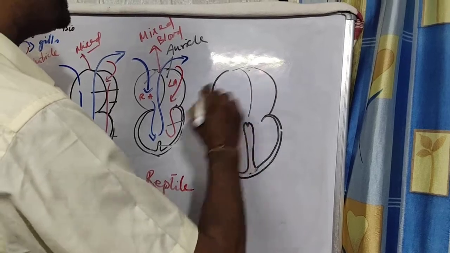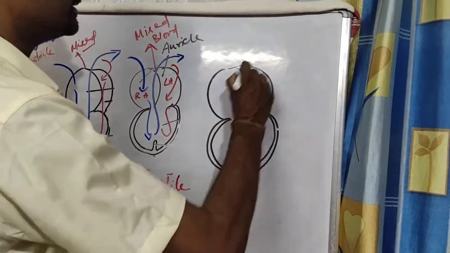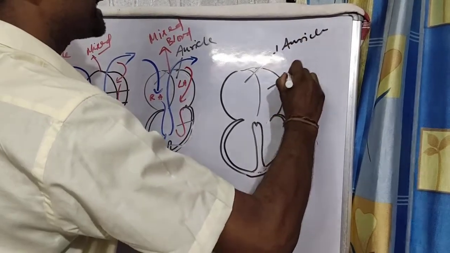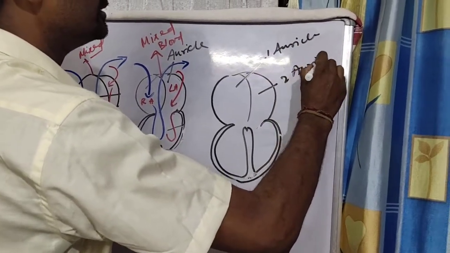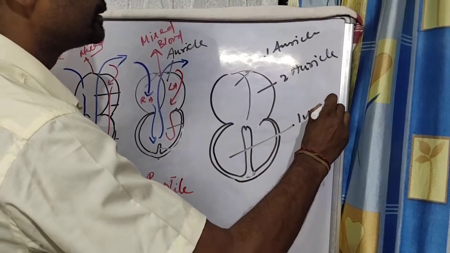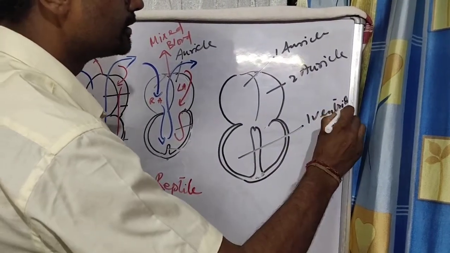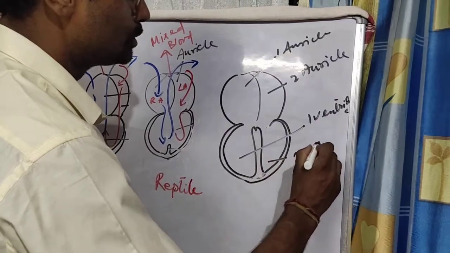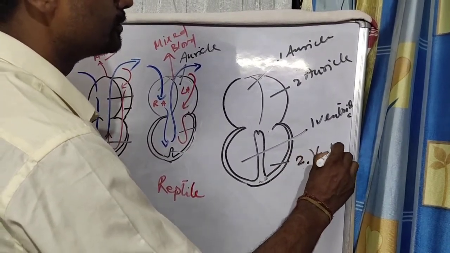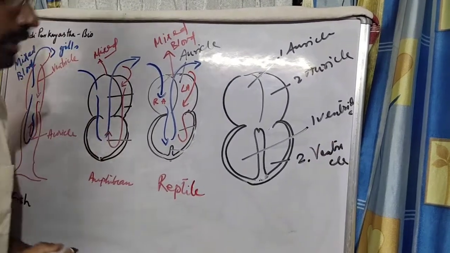See here, what are you finding? The occurrence of a fourth chamber. This is one auricle. This is the second auricle. This is one ventricle. This is what? What is called the ventricle. So what are you finding here?